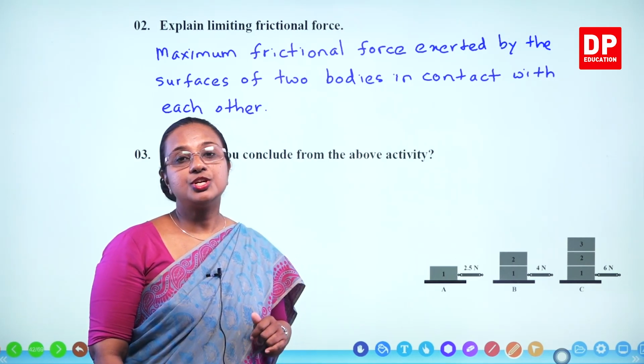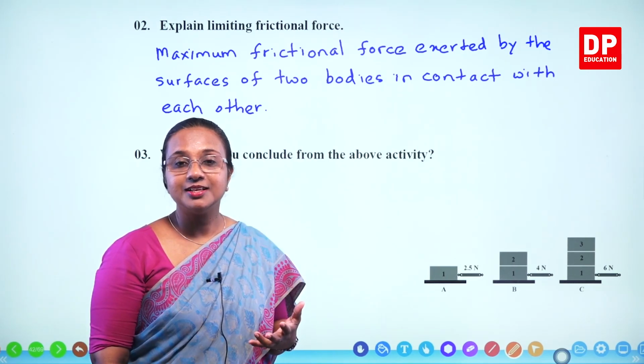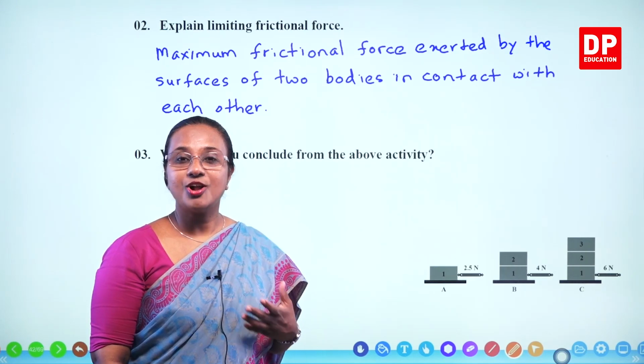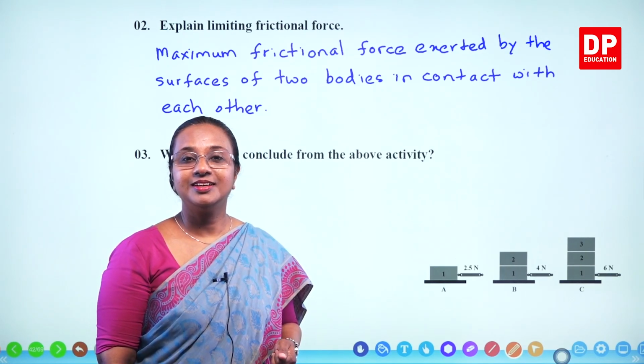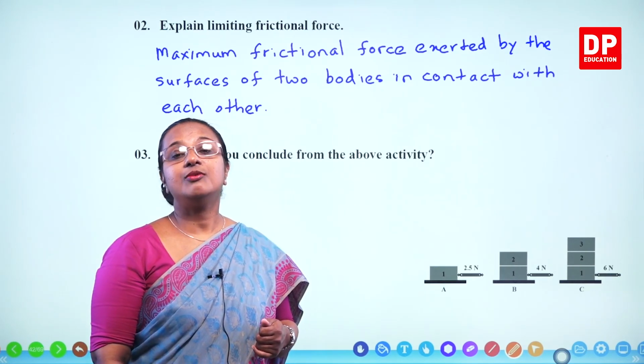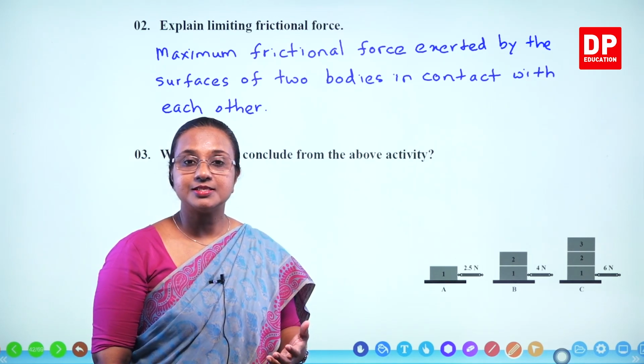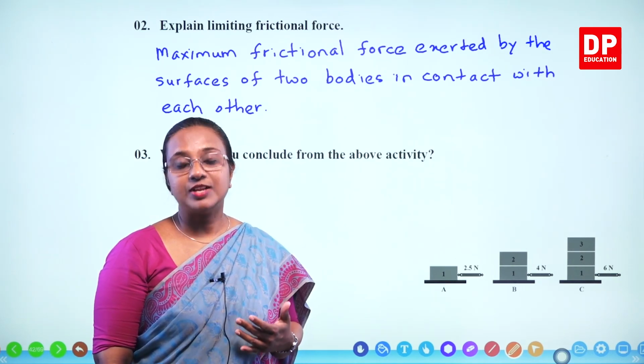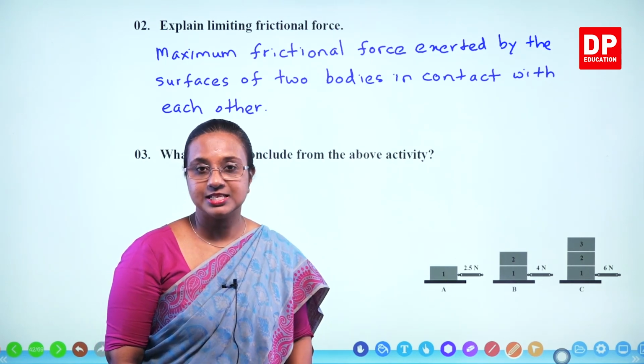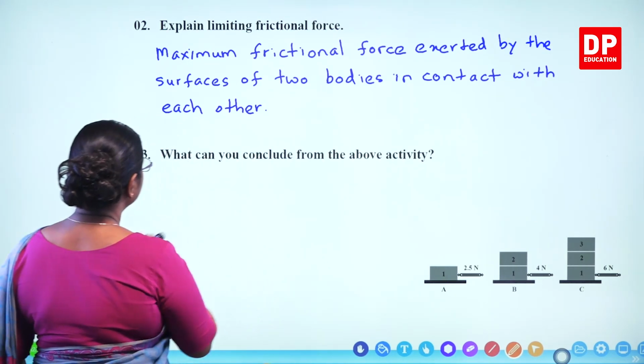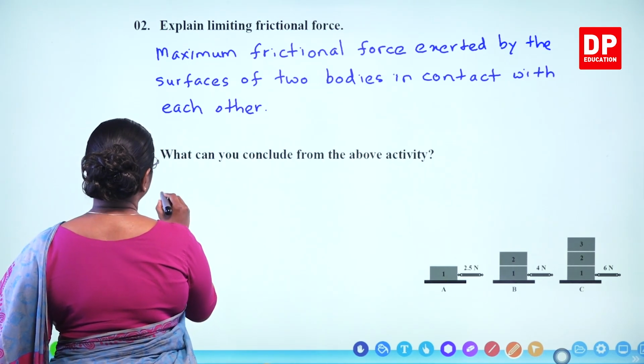So, the conclusion of the activity will be what? Yes, students, you all know the conclusion. When perpendicular reaction increases, the limiting frictional force increases. Yes, so that is what we have to write here.